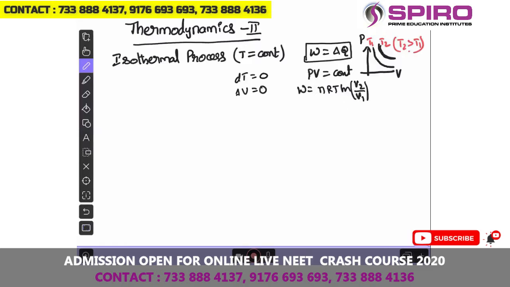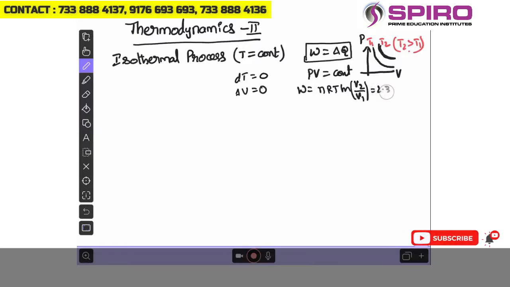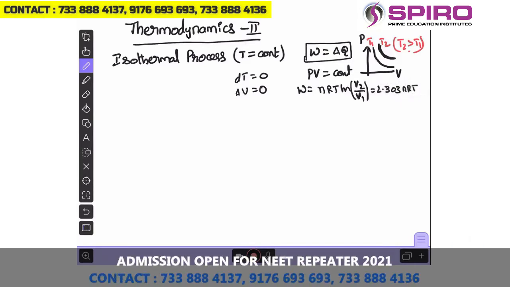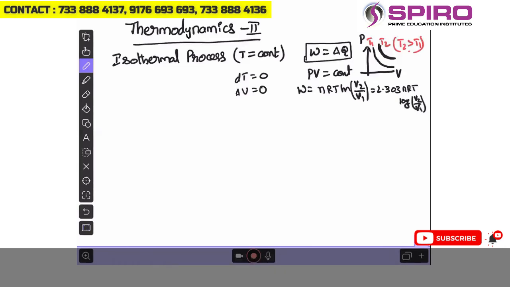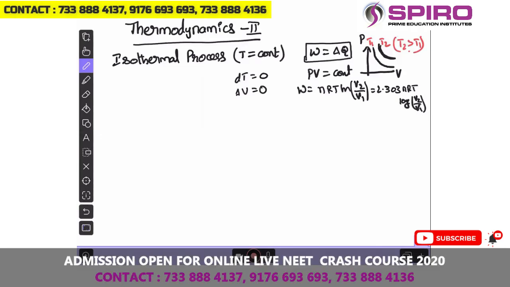This can also be given as 2.303 nRT log V2 by V1. Of course, you may write V2 by V1 as P1 by P2. So these are the details we need to learn regarding the isothermal process.